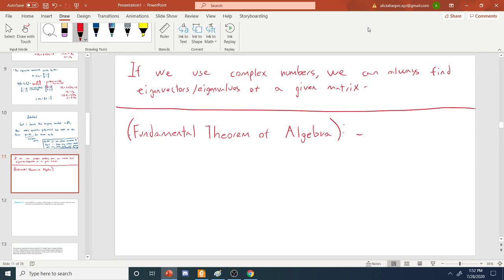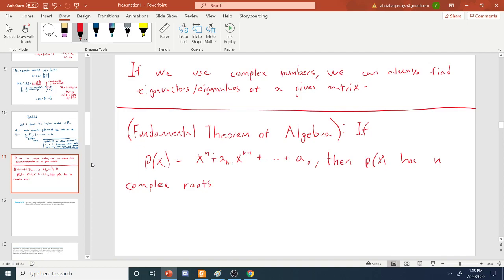So, if P of x is equal to x^n plus a_{n-1} x^{n-1} plus and so on, plus a_0, then P of x has n complex roots counted with multiplicity.